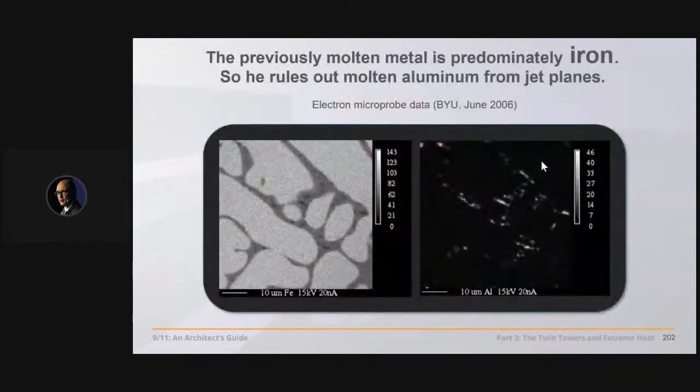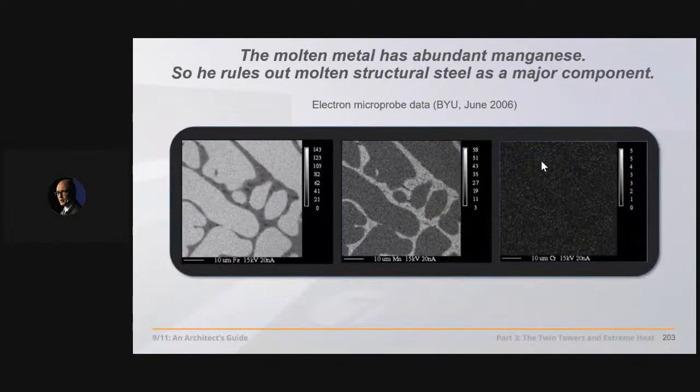And Stephen Jones does an electron microprobe analysis, finds that it's predominantly iron. So he rules out aluminum from the jet planes, as NIST was trying to explain. And he finds abundant manganese, so he can rule out structural steel as a major component. Because steel certainly has iron in it, but not abundant manganese, nor aluminum.